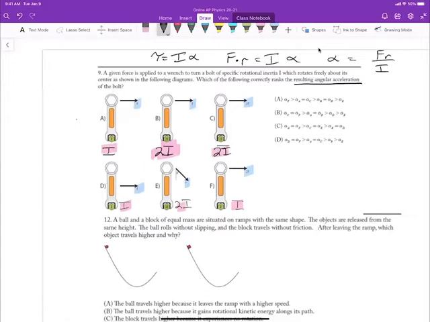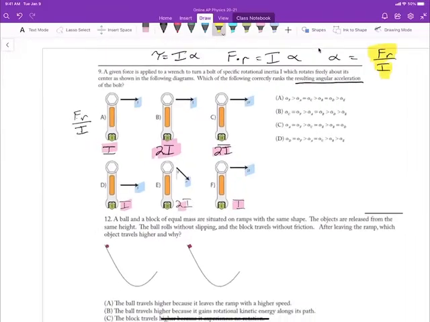So the first one is force and R and I, because that is what we derived here. The force is F they gave me, R is the whole distance, and I is, in this case, just I. The second one we have force, we're still located at its end, but this time I have 2I.